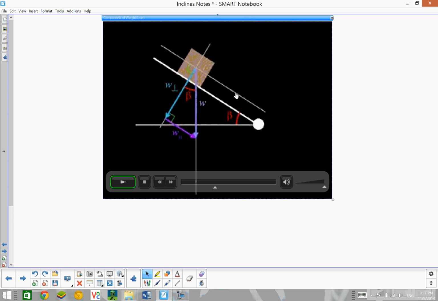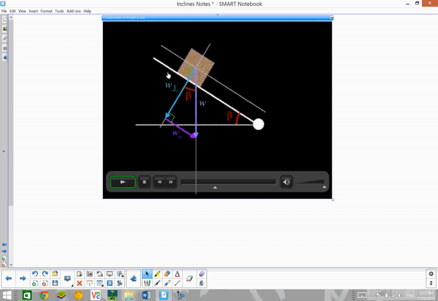Now this should make sense. When an object is flat on a surface, it'll never choose to just slide along the surface, so there's no parallel component of weight pulling it. As the angle gets bigger, the object does tend to try to slide, and sometimes it does slide down the surface.